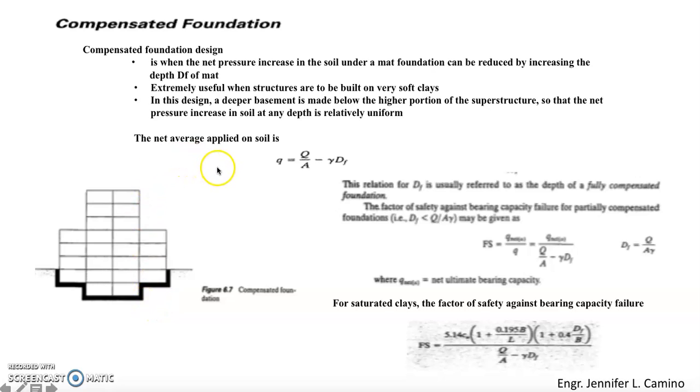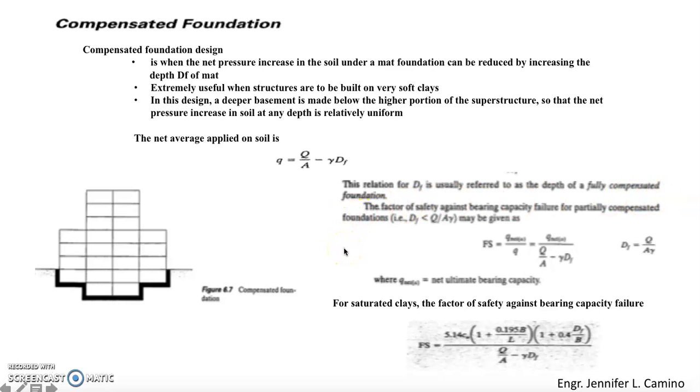So the net average pressure applied on the soil is q equals capital Q over A subtracted by gamma times Df. So this relation for Df is usually referred to as the depth of the fully compensated foundation.